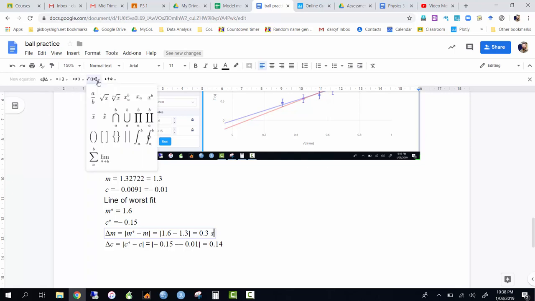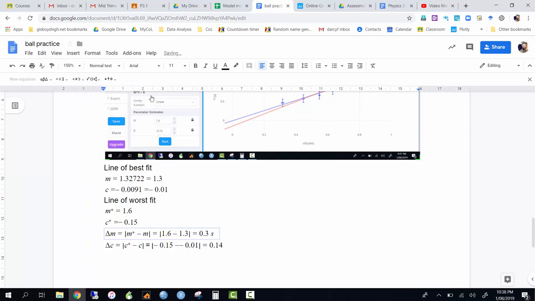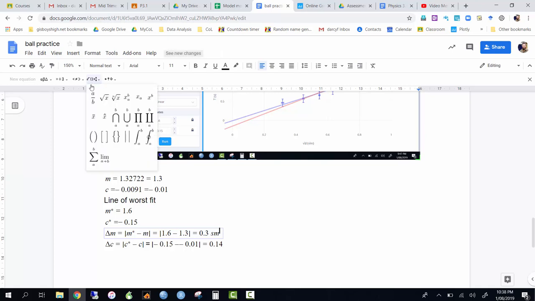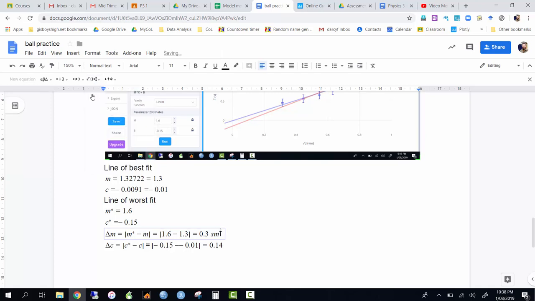So let's use index notation for that. Meters to the half, and we actually want a little fraction sign for that, 1/2. Now I've deliberately made a mistake here, because it's meters to the half, or square root meters, but a gradient's always the vertical divided by the horizontal.